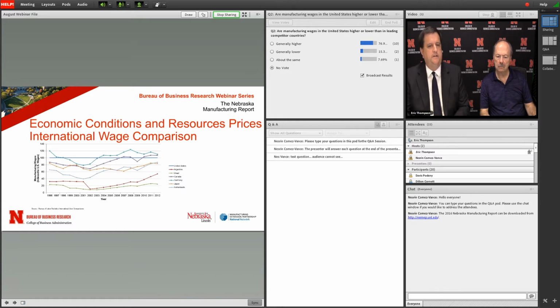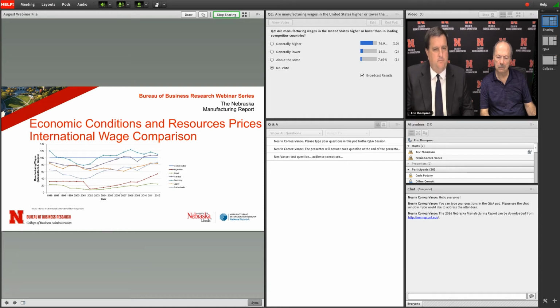I think what's clear from this graph is that since the beginning or mid part of the 2000s, the relative wages in the U.S. have improved or become more competitive. So say 2001, 2002, all the other countries had lower wages relative to the U.S., but by now both Germany and Canada have surpassed us and now have higher wages.